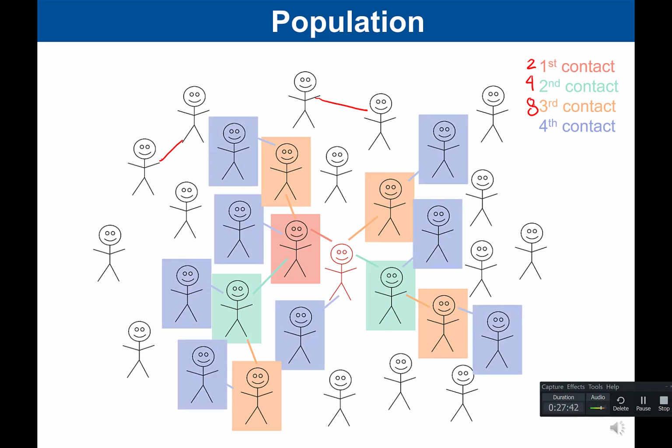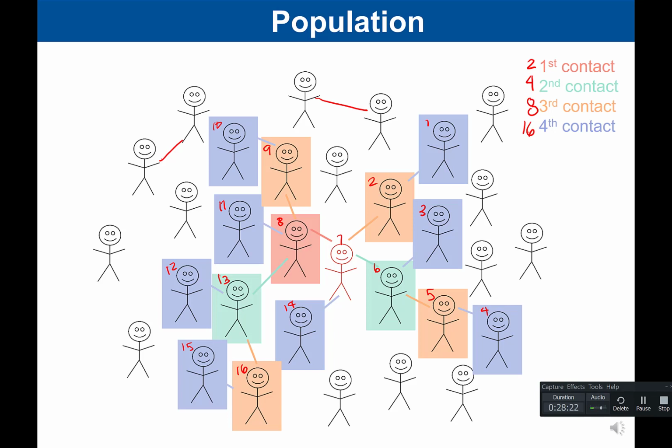Notice that when this is done, we would expect that we would have 1, 2, 3, 4, 5, 6, 7, the original person, 8, 9, 10, 11, 12, 13, 14, 15, 16. So after 4 rounds, after 4 contacts, we would expect that 16 people would have the disease.